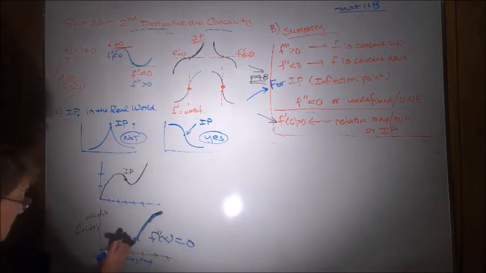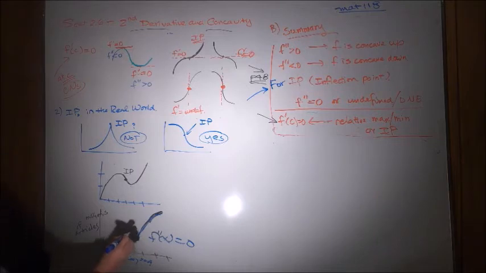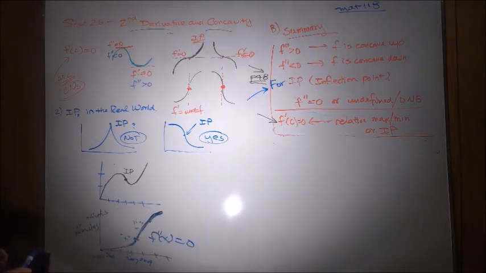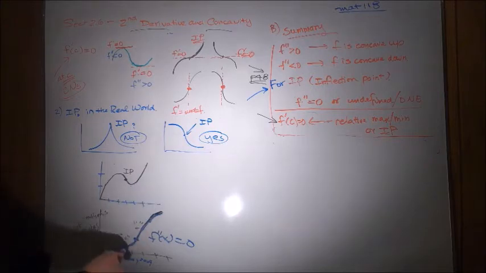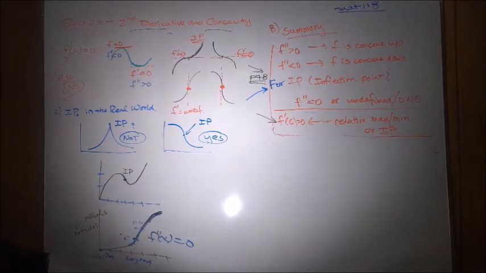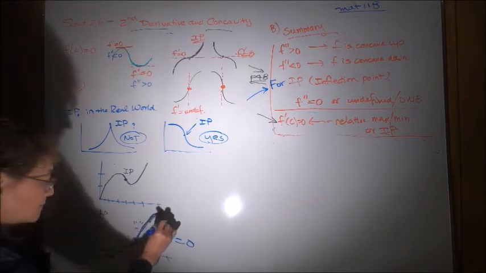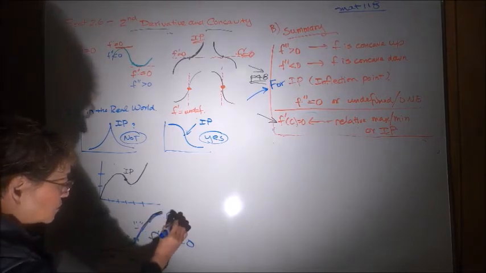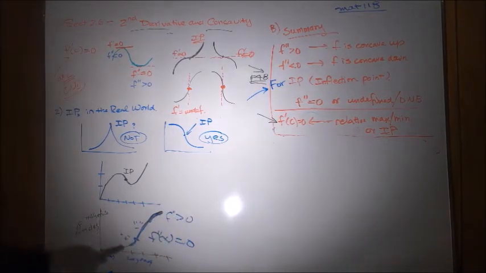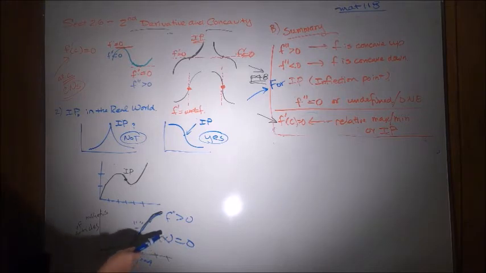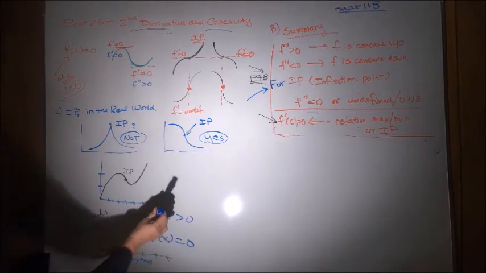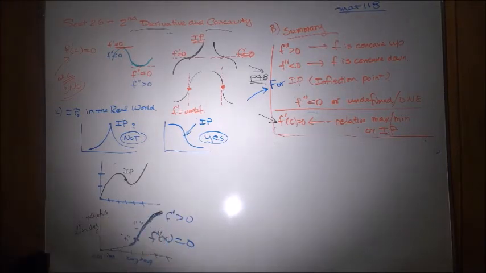And checking that f prime prime changes what? It was positive, right? To what? Negative. Because f prime is still going up, f prime is the rate of change for f, so it is still up from point A to point B. But f prime prime is the rate of change of the change, right?